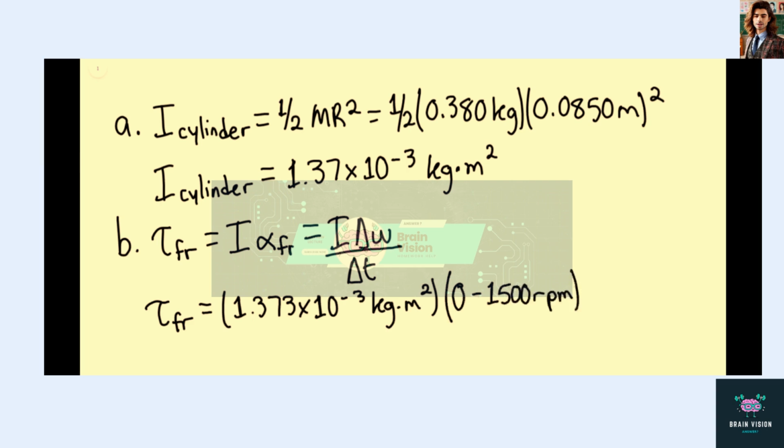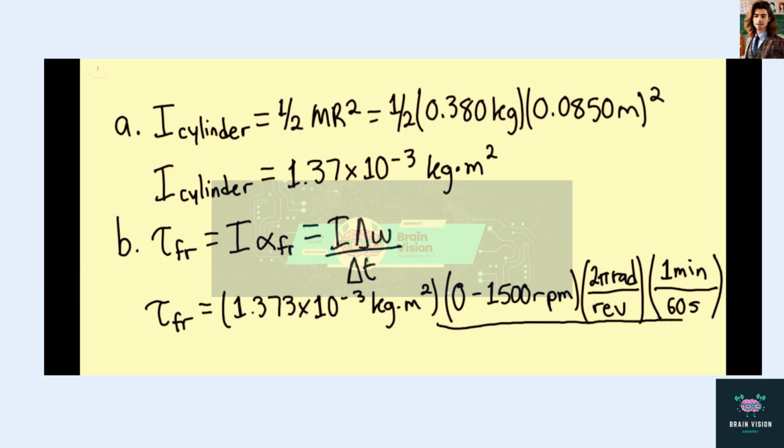So this would be our final angular velocity of 0, minus our initial angular velocity of 1500 revolutions per minute, multiplied by 2 pi radians for every 1 revolution. And then for every 1 minute, we have 60 seconds. And then this entire thing would be divided by 55.0 seconds.